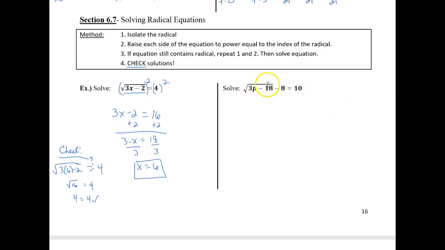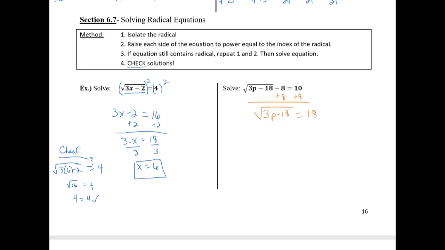The example on the right-hand side, the radical is not isolated yet. So before I can do anything else, I need to add 8 to both sides of that equation. Now I have the square root of 3p minus 18 equaling 18.